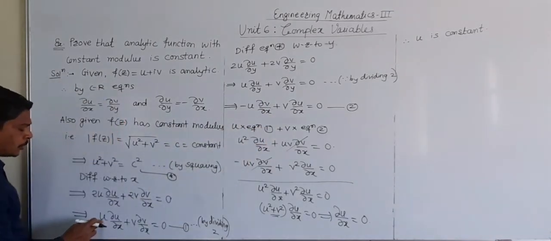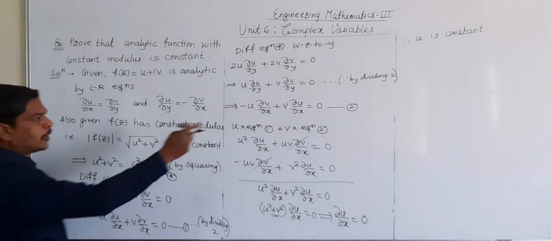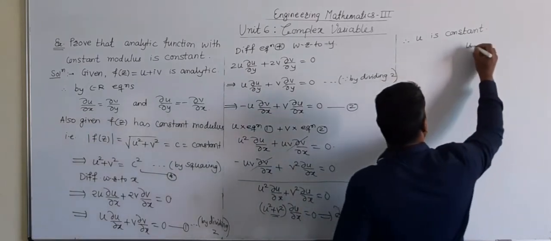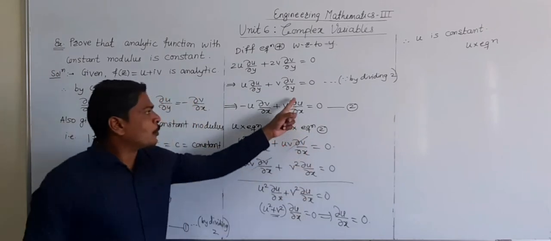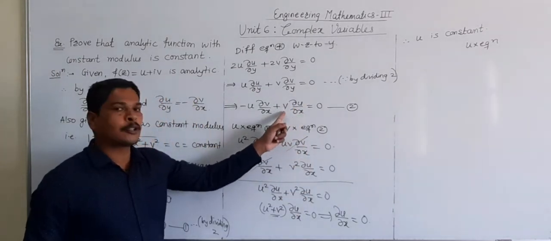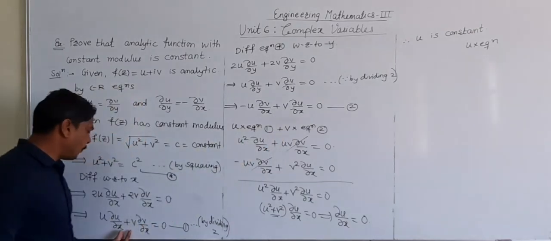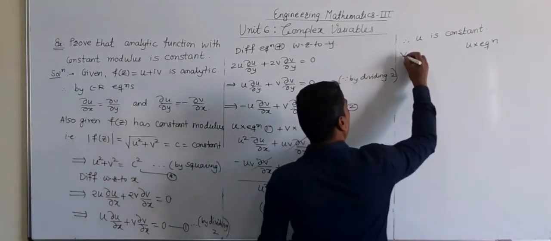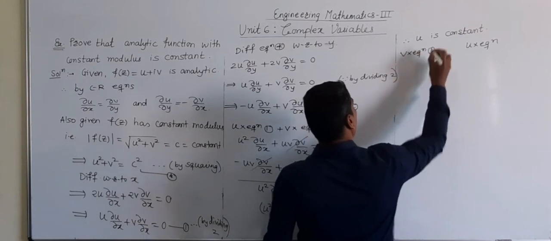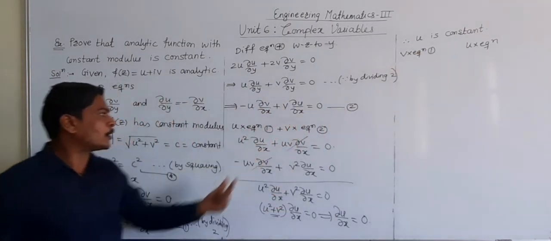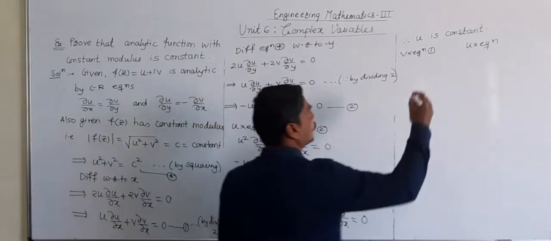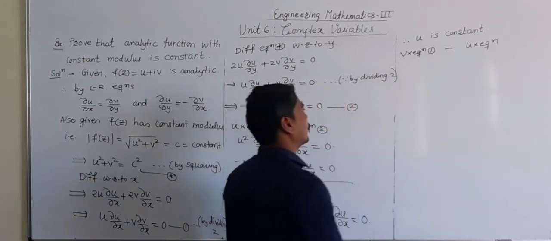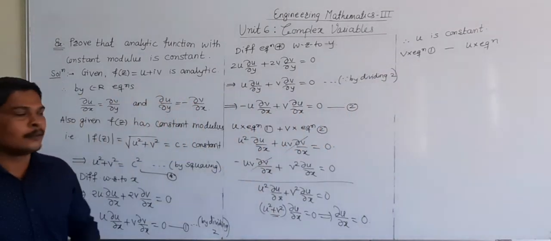In equation 1, the partial derivative term of u has coefficient u, so multiply equation 2 by u. The coefficient of the partial derivative of u with respect to x in equation 2 is v, so multiply equation 1 by v. In both equations, the partial derivative term of u with respect to x has the same sign, so take the subtraction of these two equations. Only then will this term get cancelled.